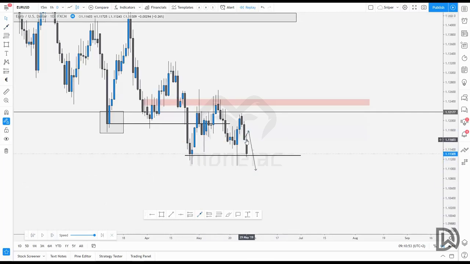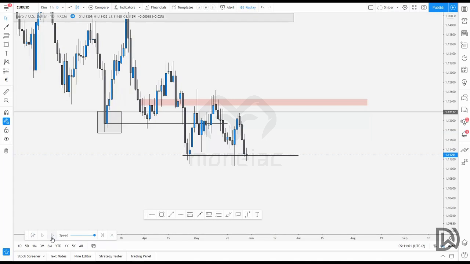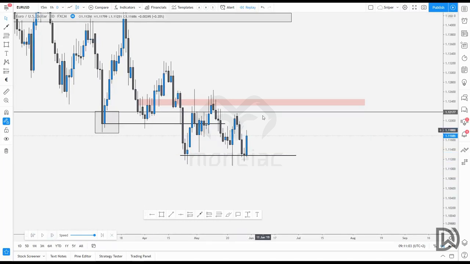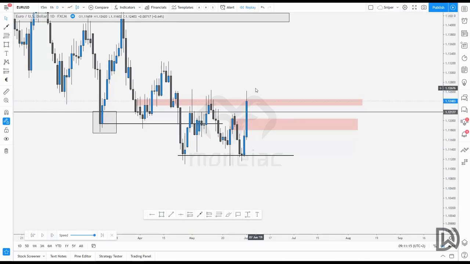We saw that wick towards the upside, and then price pushing towards the downside because we have liquidity below this level. Price rejects it, pushes back up. Now we have an order block over here. So potentially price could reach into this area and then continue towards the downside, or it breaks through.